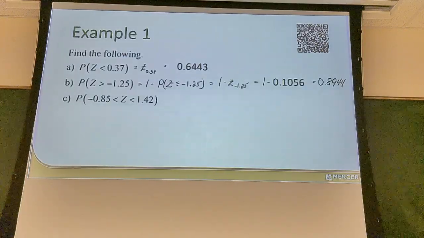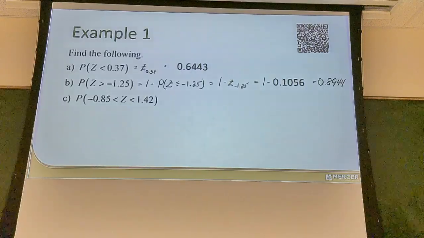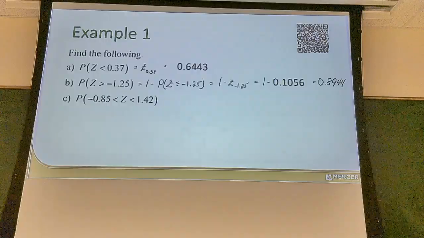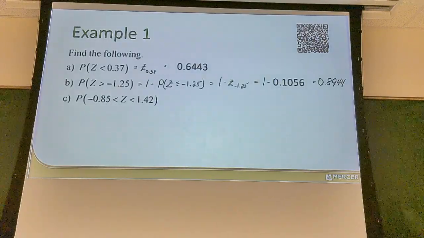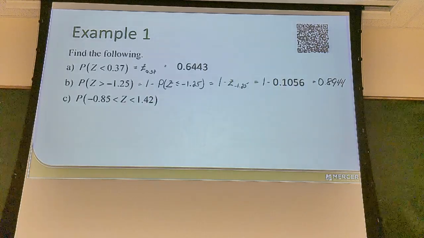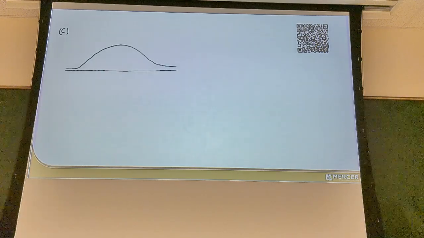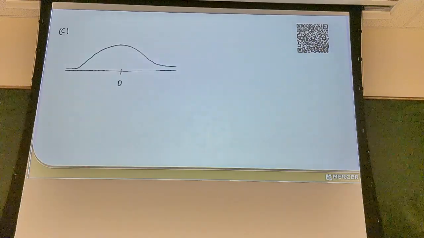Now the probability between two z-scores. What are the two z-scores we're looking at?